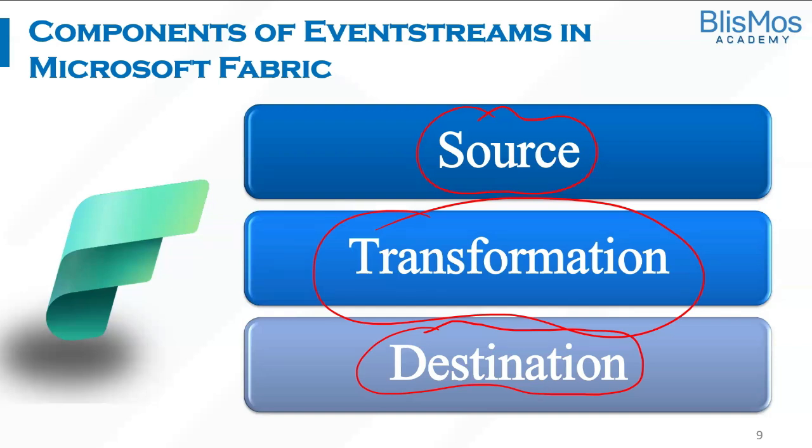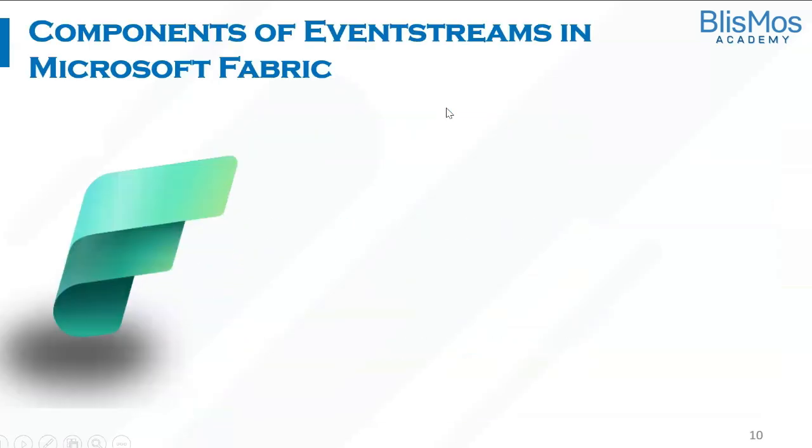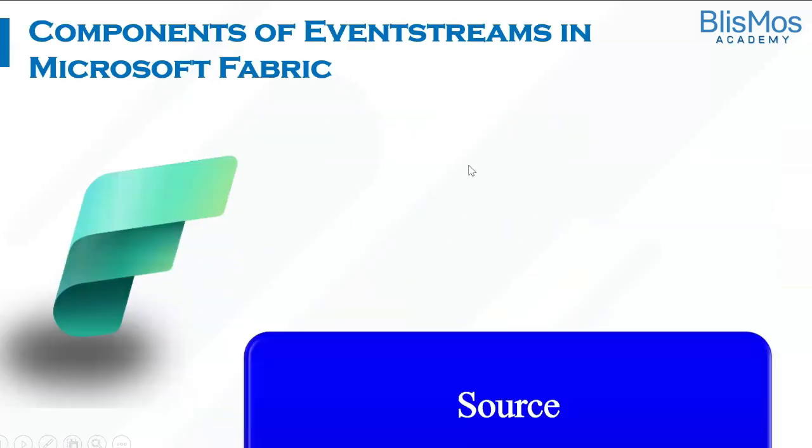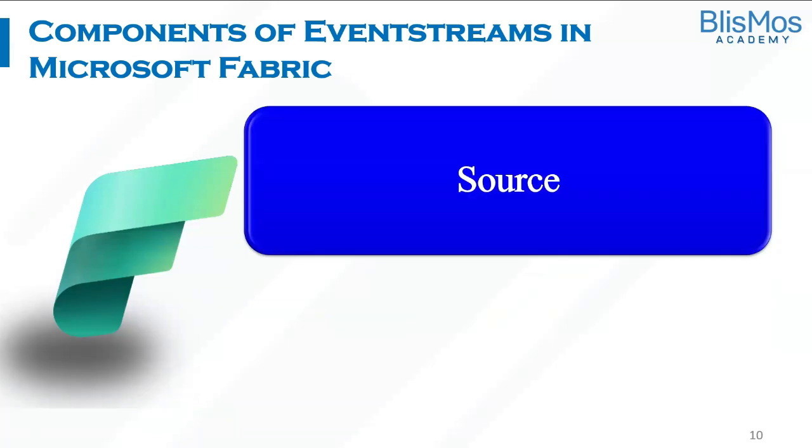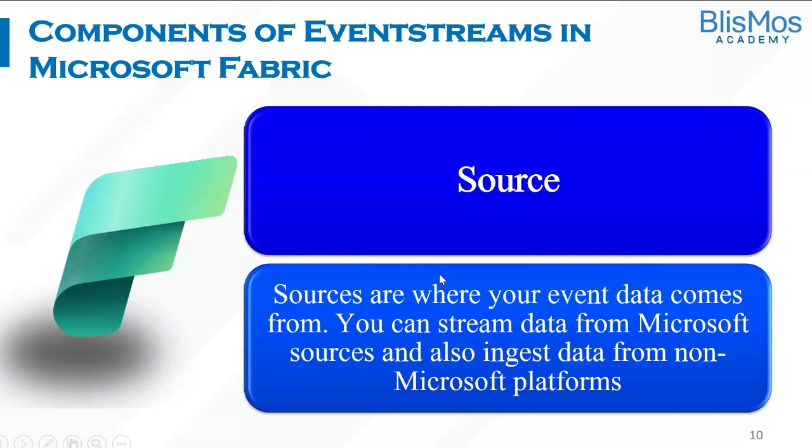So, what is the source we are talking about? Anyone? Databases. Okay, fine. Source is something which the data comes from. Sources are where your event data comes from, as simple as that. Even though it is simple, it is important.